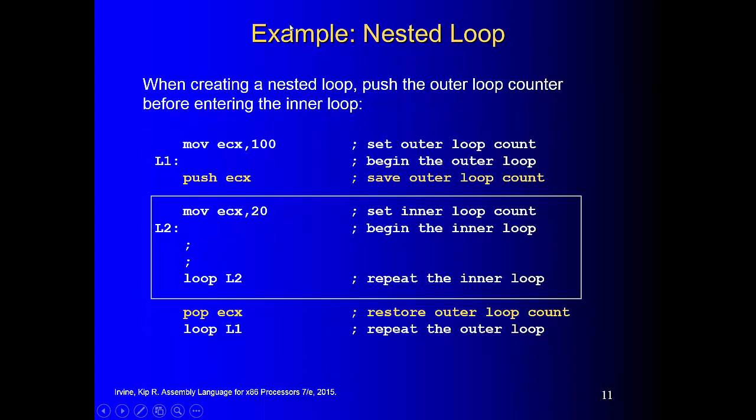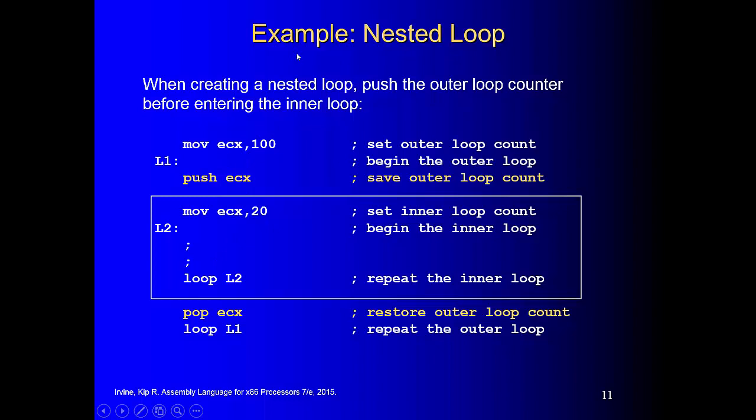We can use push and pop to work with a nested loop, and we have used nested loops previously. In the previous version, we used a variable to hold the outside loop counter's value before we got into the internal loop.